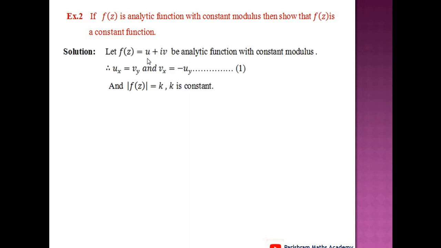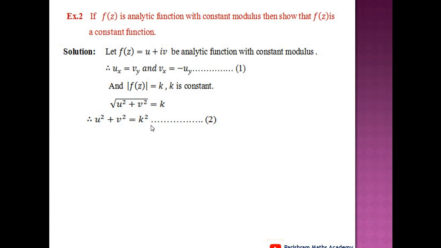Solution: let f(z) = u + iv be an analytic function with constant modulus. f(z) is analytic and therefore u and v satisfy the CR equations: ux = vy and vx = -uy. f(z) has constant modulus, so mod f(z) = k, where k is a constant. As f(z) = u + iv, mod f(z) is root of u squared plus v squared, equal to k. Squaring, we get u squared plus v squared equals k squared, equation 2.